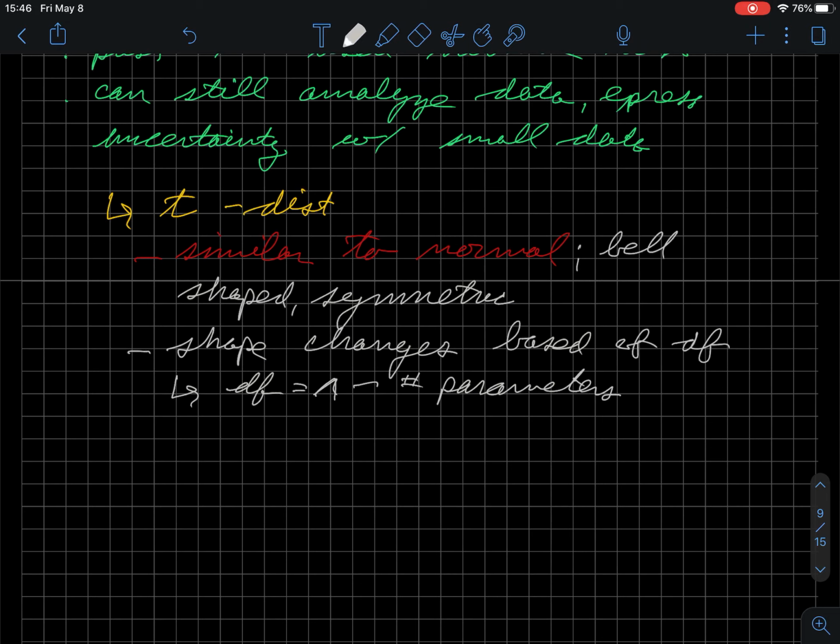So let's say an example real quick, that we had a sample size of 17 and I wanted to find the mean, right? The degrees of freedom I have is going to equal 17 minus 1 because I'm estimating one parameter here. And so that means it's going to be 16.